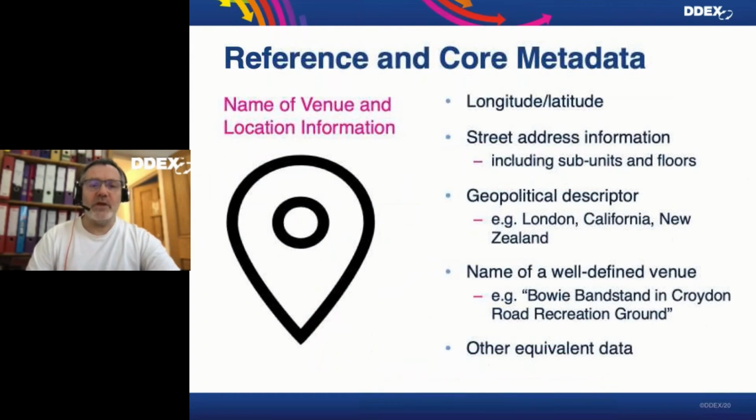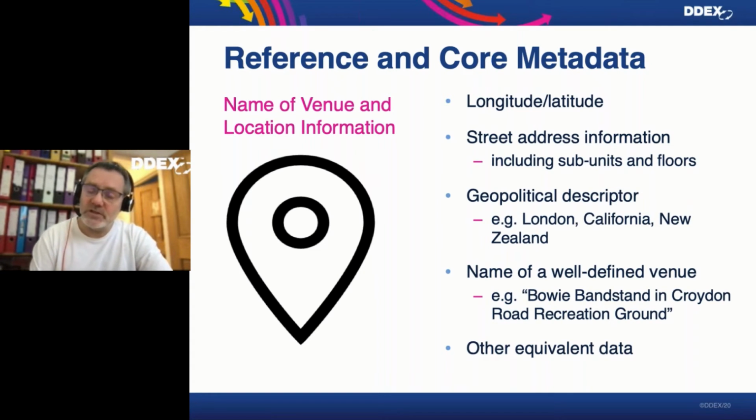But what do we think we need to identify and describe venues? Name, of course, and location information. And the location information we think will be longitude and latitude, street addresses including subunits and floors. But it's also more generic than that.